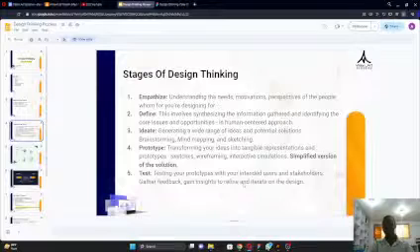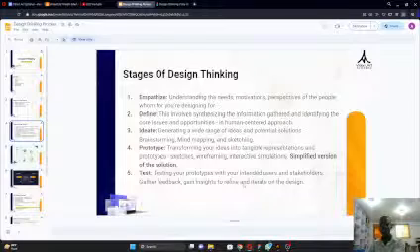That's where you conduct a particular research called competitive analysis. You need to figure out the challenges, the frustrations people are experiencing while using this particular product.